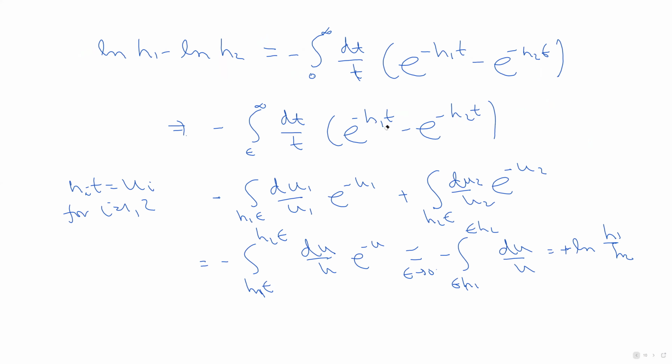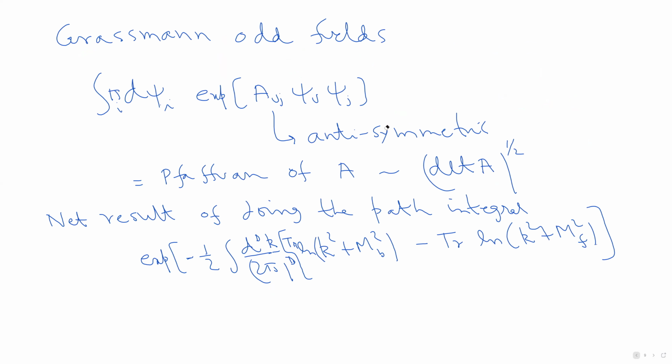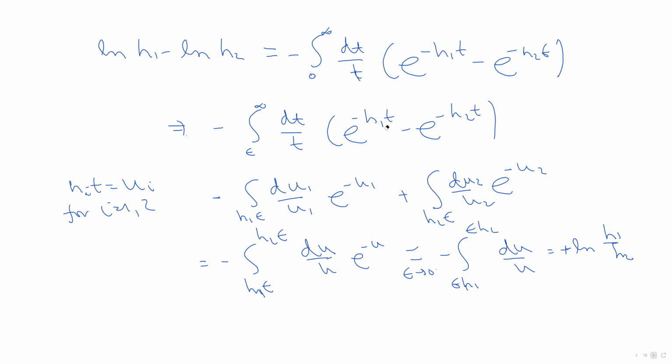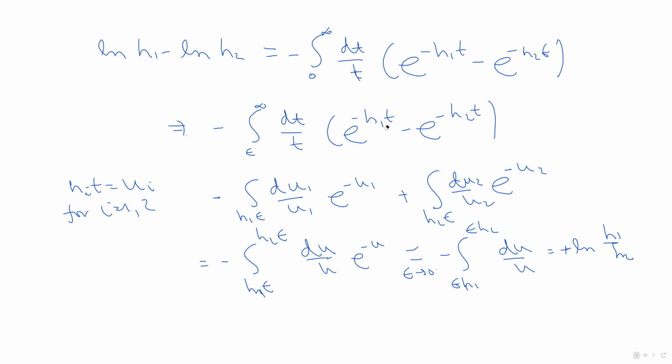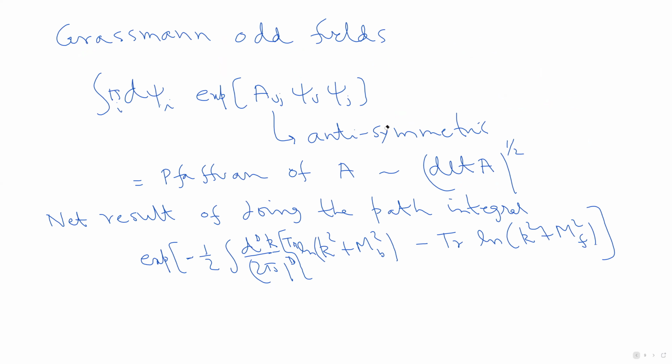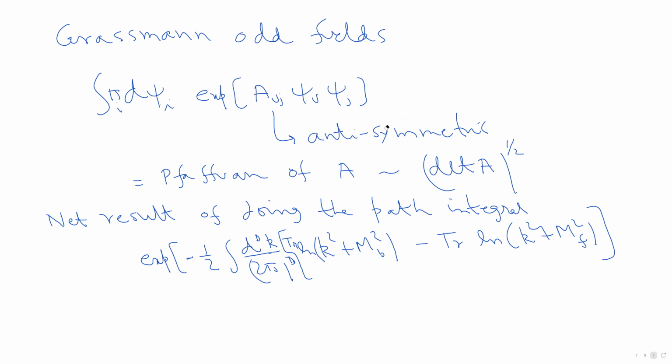If you look at the identity over here, somehow the momentum integral is missing. The trace will include a momentum integral.